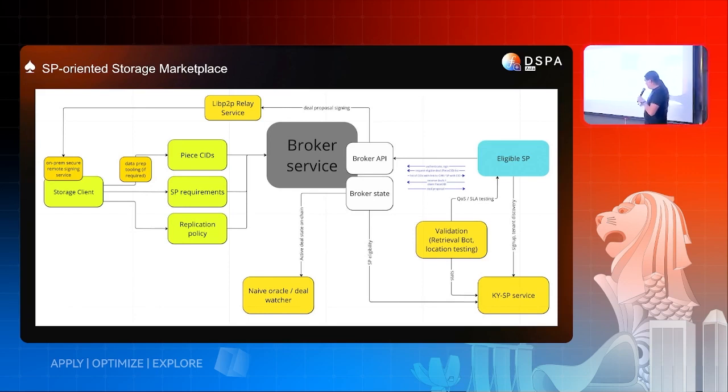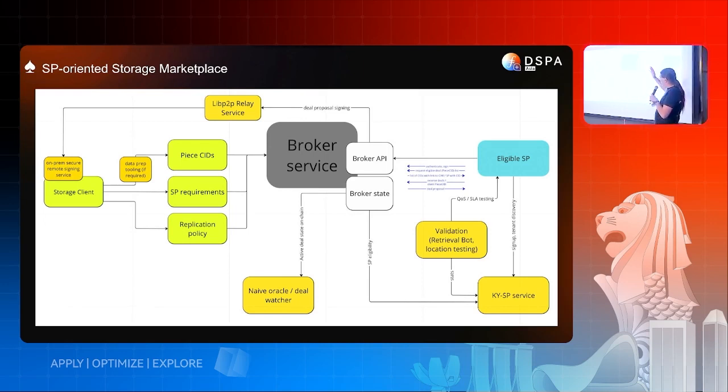We also have an oracle that watches the chain and its state, and can decide when something has been replicated enough and when it needs more replicas. And we also have the validation retrieval pod that checks if the SP requirements and the policy that the data owner wanted is being honored through time.